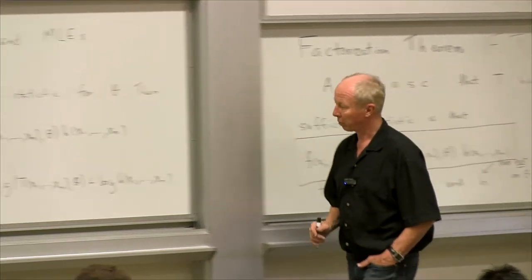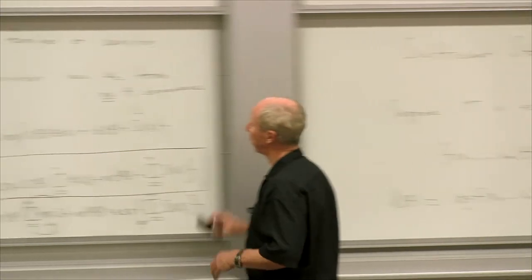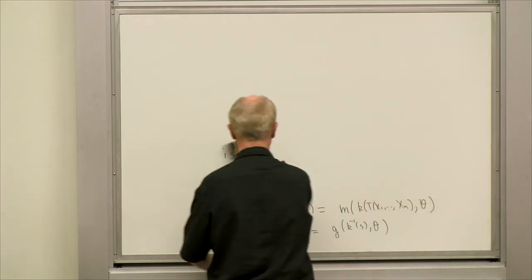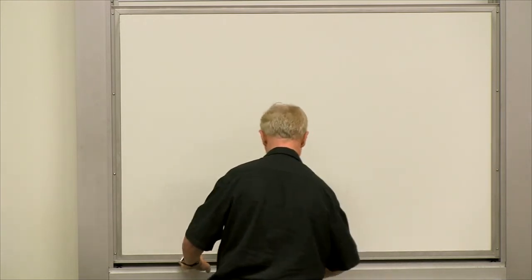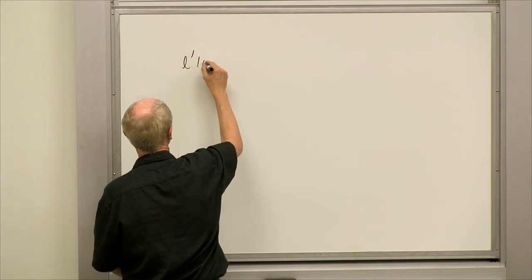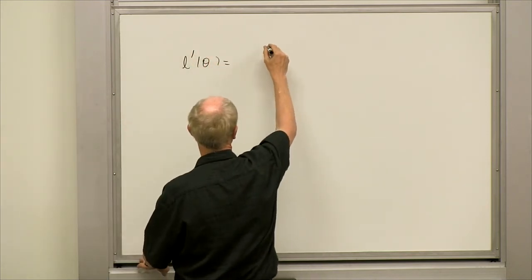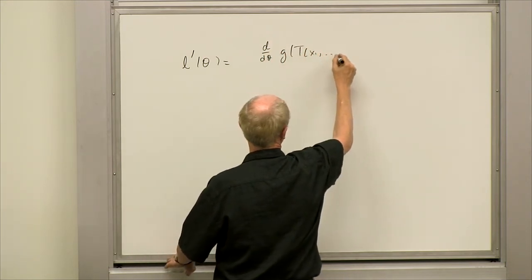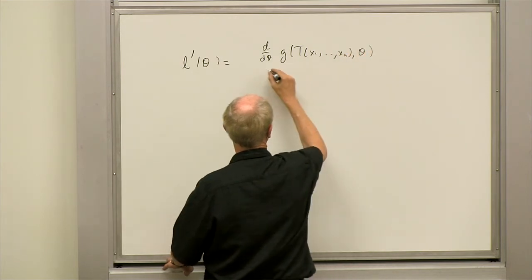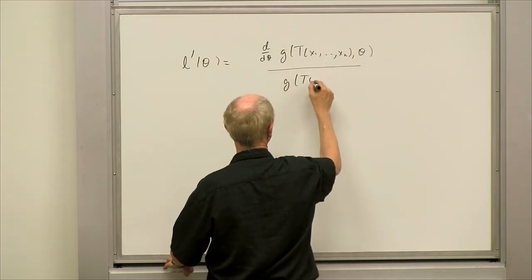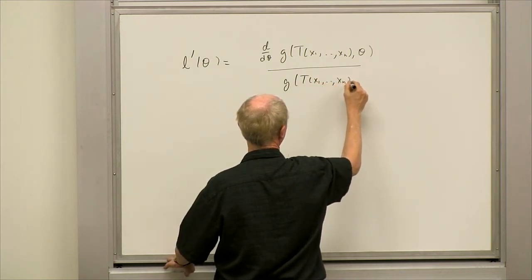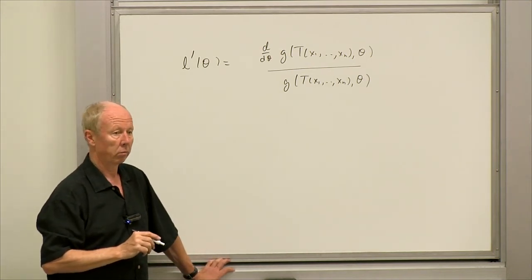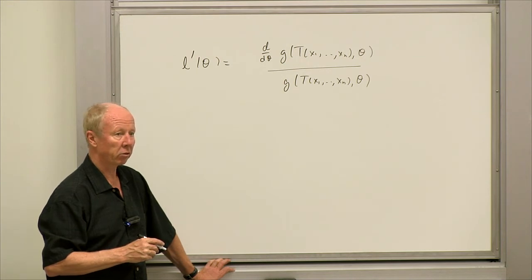And now we differentiate with respect to theta to find where L takes on its maximum. We get the derivative with respect to theta of g of t of x1 through xn and theta, divided by g of t of x1 through xn and theta. So what happened to the h? It's constant. Yeah, right. There's no theta dependence there, so its derivative is 0.